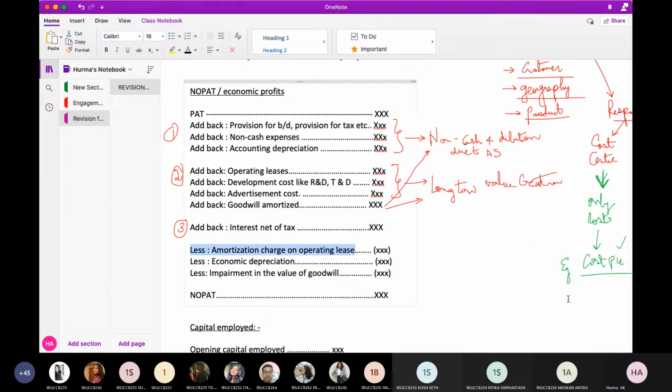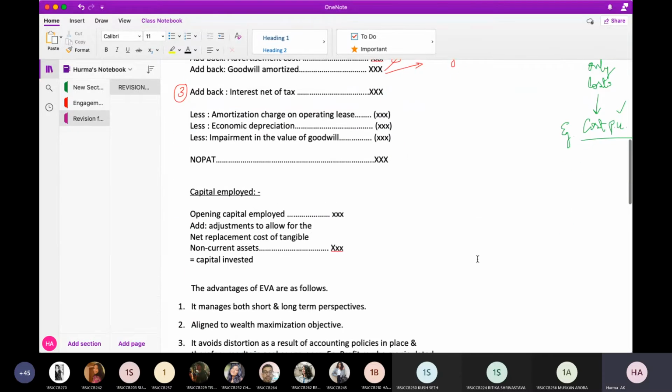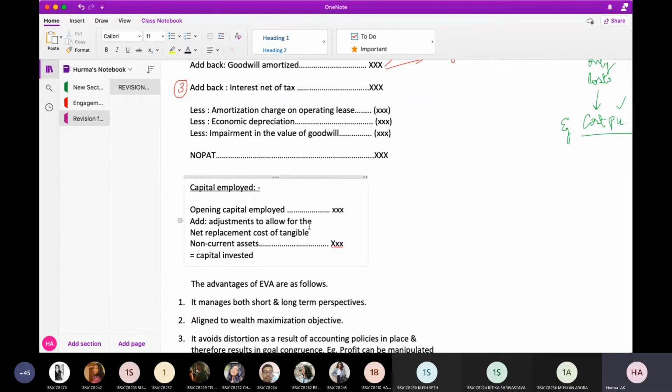Okay. So let's move on to capital employed. In capital employed there are actually many adjustments, but I think in P2, for your level in SEMA, you have three levels, right? What are the three levels?